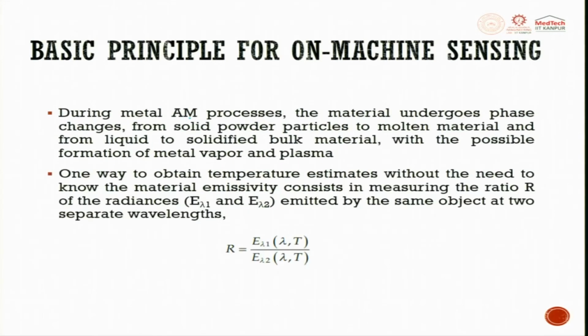During metal additive manufacturing processes, the material undergoes phase change from a solid powder particle to molten material and from liquid back to solidified bulk material, with the possible formation of metal vapor and plasma.